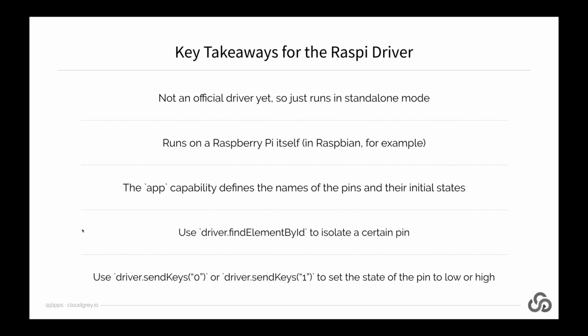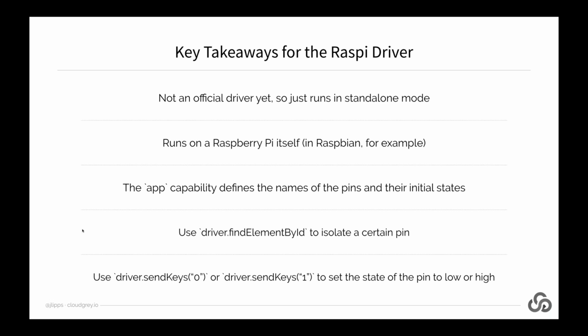The idea of an app is a bit different in that there's no software application. Instead, what we're doing is defining a set of electrical inputs and outputs. So the app capability is actually just a JSON object which defines which pins have which names and what their initial states should be, whether they should be high or low.